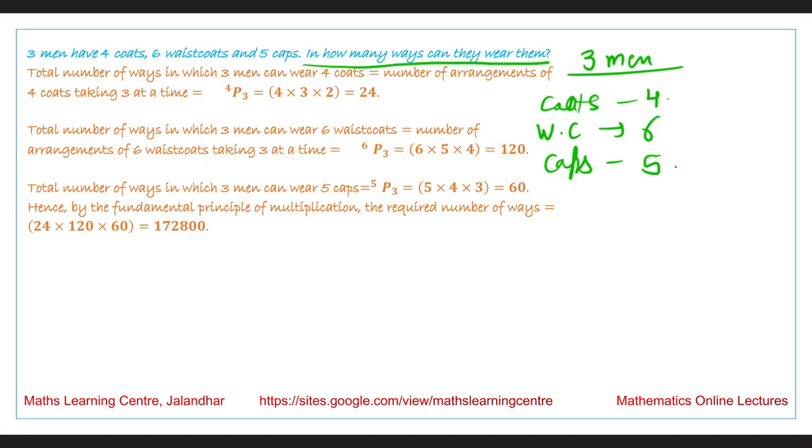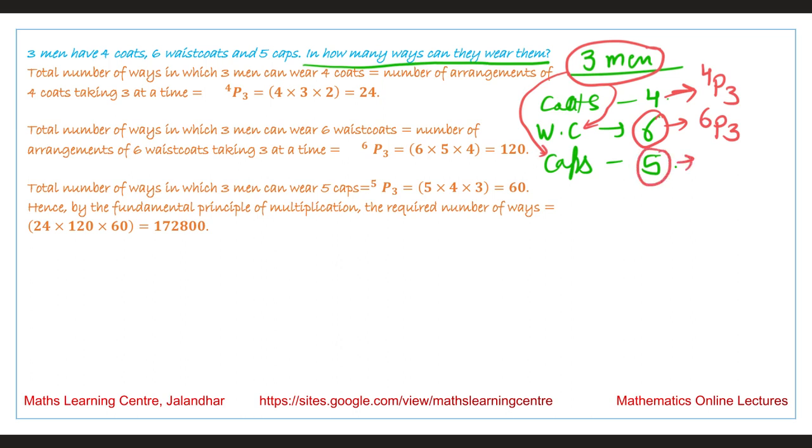Now the number of ways in which 3 men can wear 4 coats is 4P3. 3 men can wear 6 waistcoats, it is 6P3. And 3 men can wear 5 caps, it is 5P3.